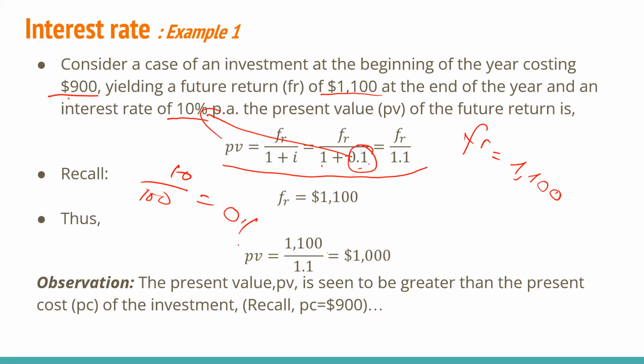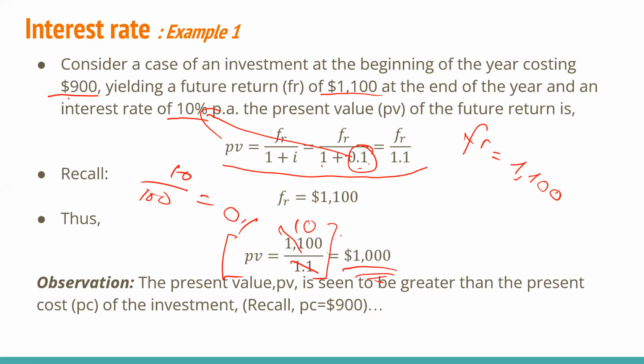So if it's calculated, somebody can confirm that that will give us a present value of 1,000, because it will be 1,100 divided by 1.1. 1.1 will cancel to give us 10, so 10 times 100 gives us 1,000.